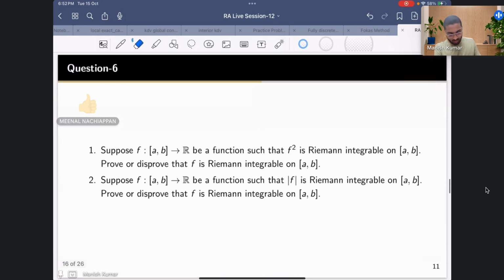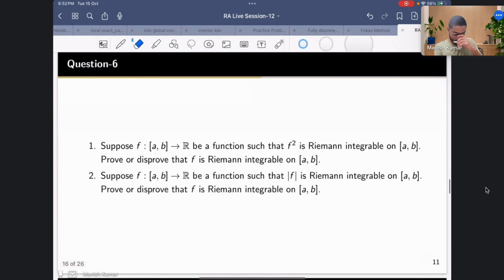Okay, so now let's come to this one. Suppose you have been given a function f which is defined from a compact interval [a, b] to R such that f square is integrable. Can you say that the function f is also Riemann integrable?